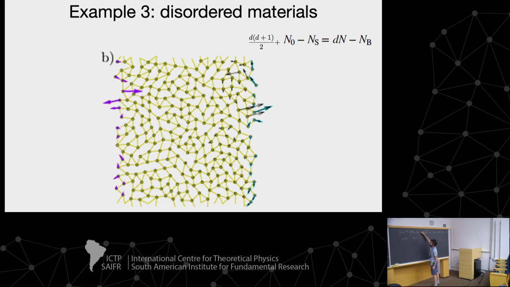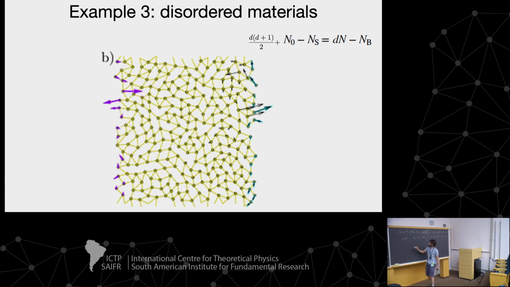So this one was 2n times 1 minus z over 4, and this was a positive number. On the other side, in the other limit, 1 minus z over 4 is a negative number, which means that typically what you find is that the number of floppy modes is of order 1 or 0, and the number of states of self-stress is growing with the system size.